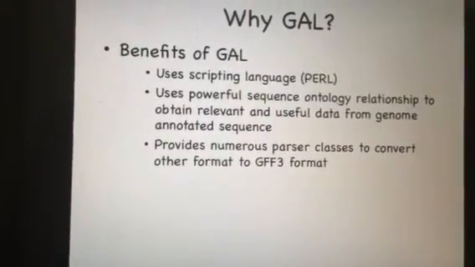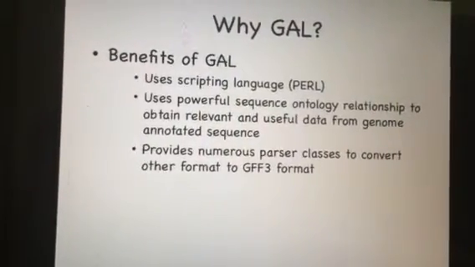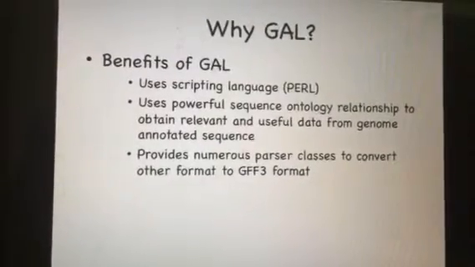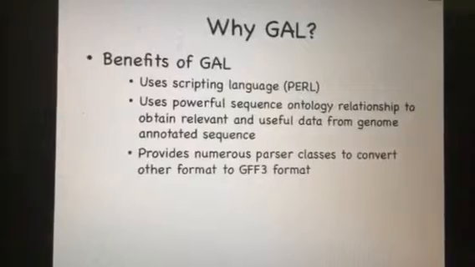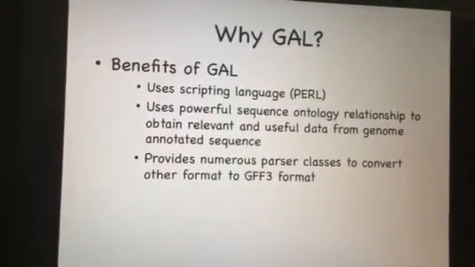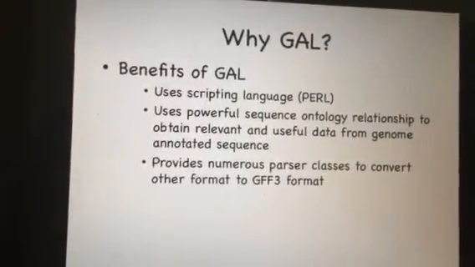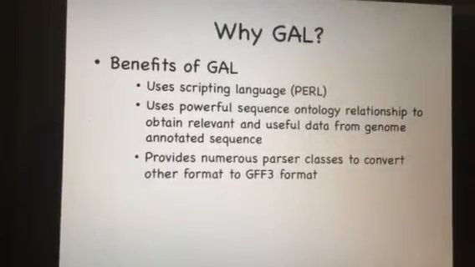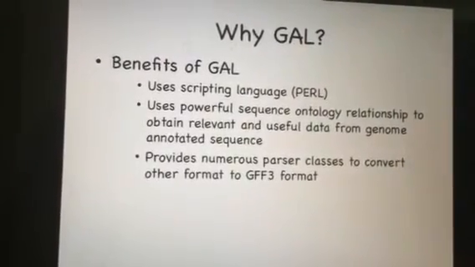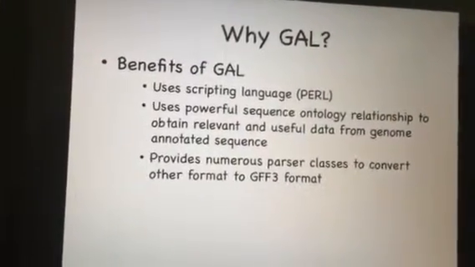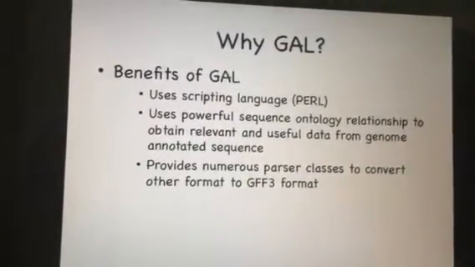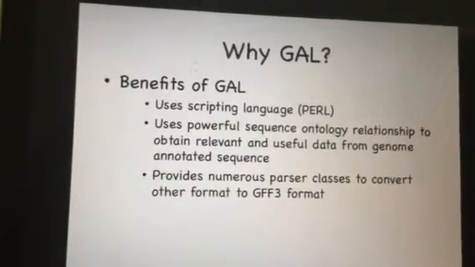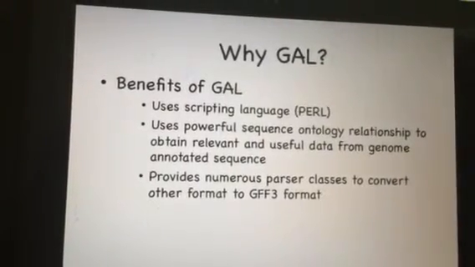So we saw the basics of sequence ontology and the relationships for the genome features. Now, why do we need to use the Genome Annotation Library? What's the benefit of GAL? GAL is a scripting language as presented by Joseph. It uses the Perl programming language, which is very powerful yet easy to write and easy to develop.